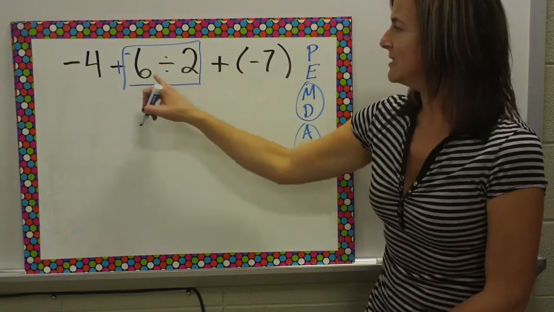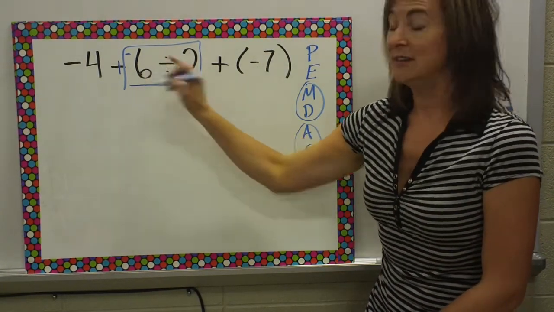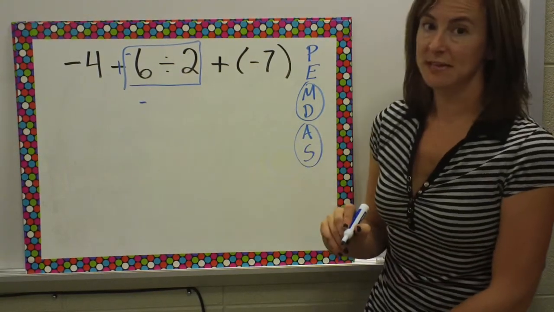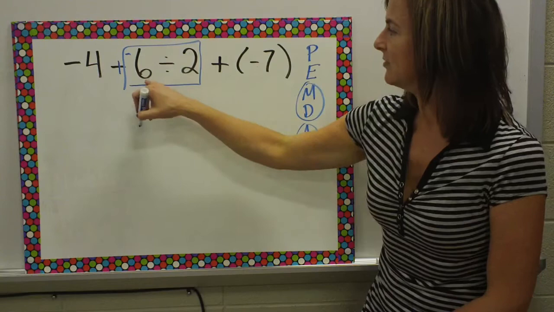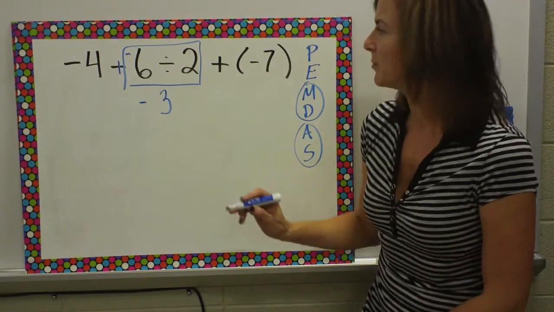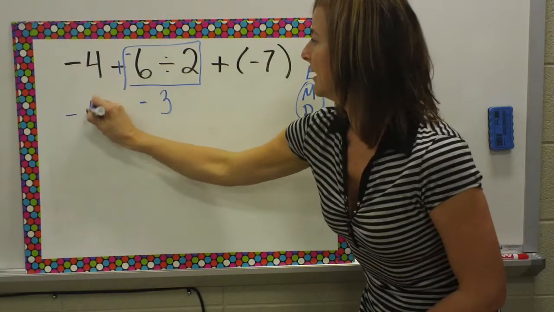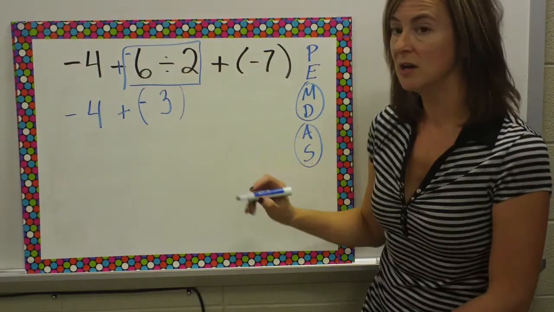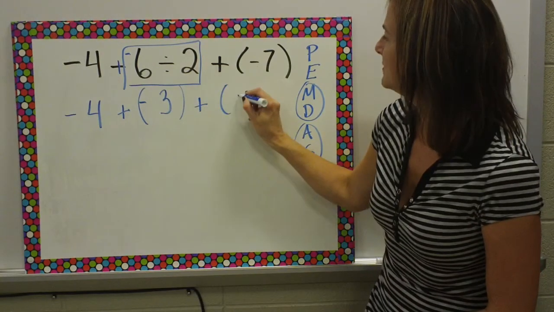I know that when I divide different signs, my answer is going to be negative. Same signs positive, different signs negative. 6 divided by 2 is 3, and then I'm going to bring down the rest of my problem. So I have a negative 4 and my negative 3 that I solved, and a negative 7.